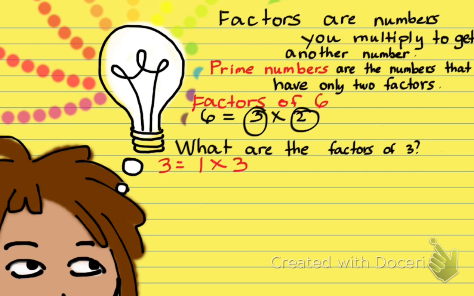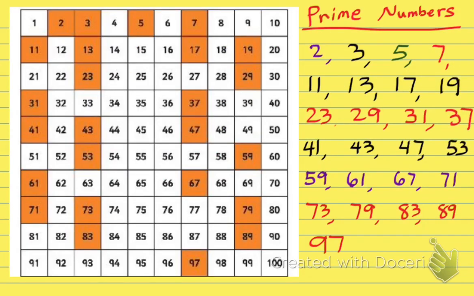So 3 is a prime number because 3 has only 2 factors, 1 and 3. So here are some examples of natural numbers that are greater than 1 with no divisors other than 1 and itself.